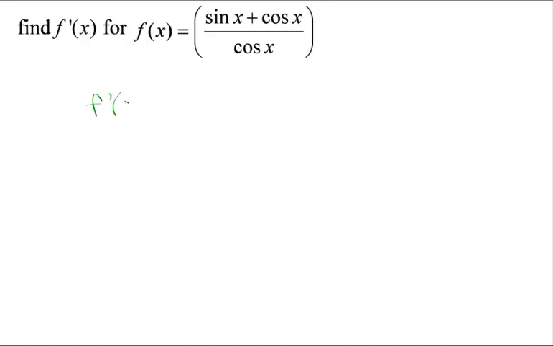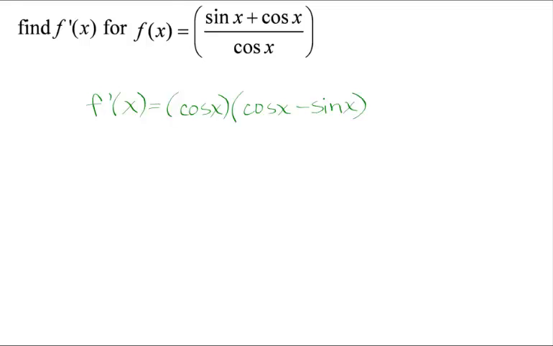So f prime of x, the first thing I'm going to use is the quotient rule: bottom, as it's given to me, d top. Now I need the derivative of positive sine of x plus positive cosine of x. We said the derivative of sine of x was positive cosine, and we said the derivative of positive cosine was negative sine.